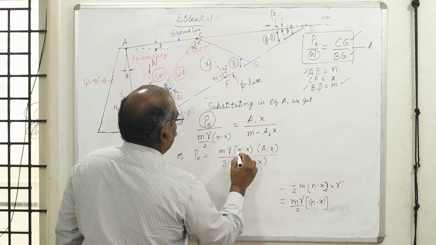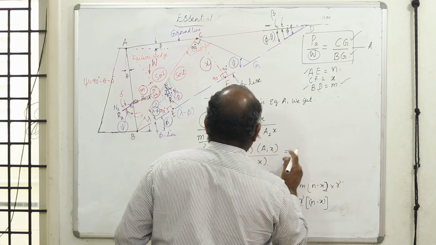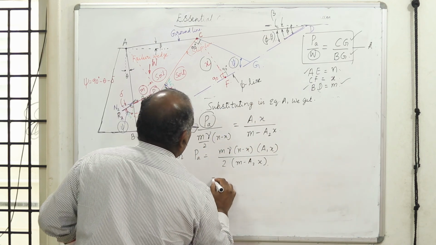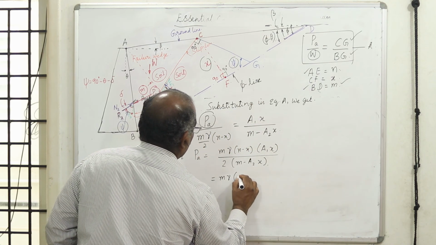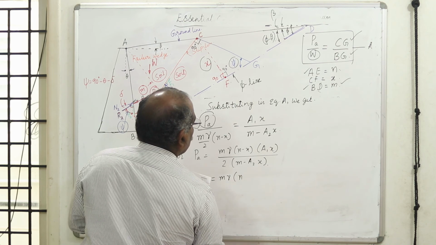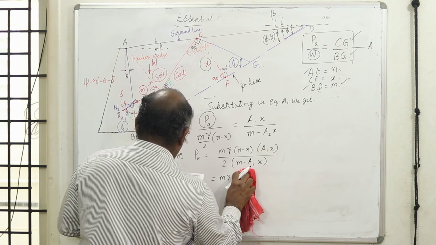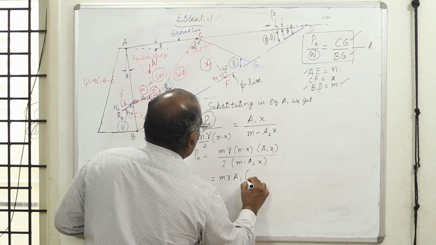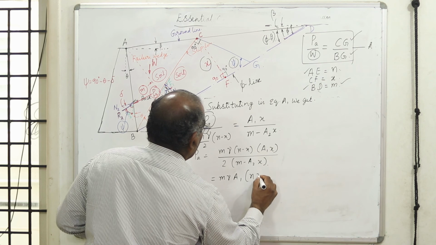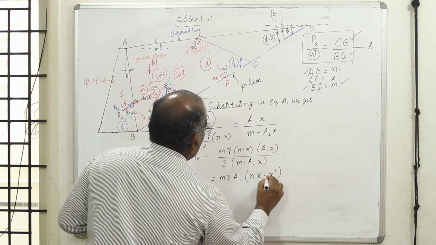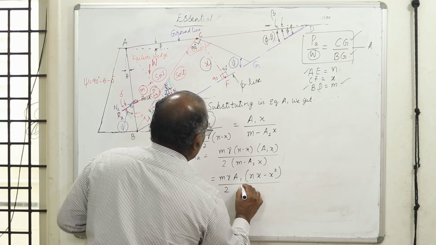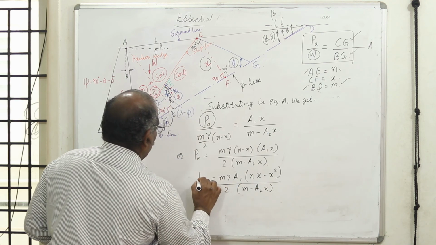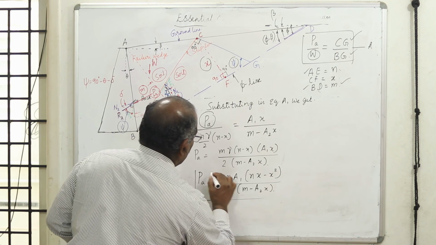Now x can be multiplied here, it becomes m gamma into, keep this also outside, x I can multiply, (nx minus x square) divided by 2 into A2x. Now this is the expression for PA.